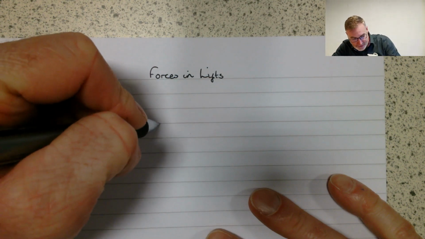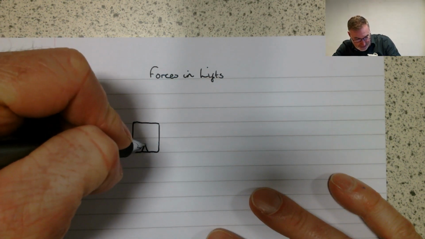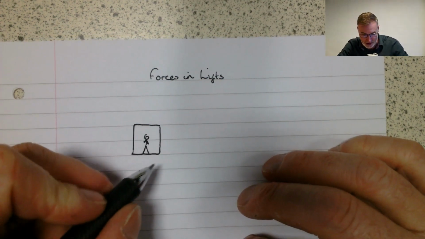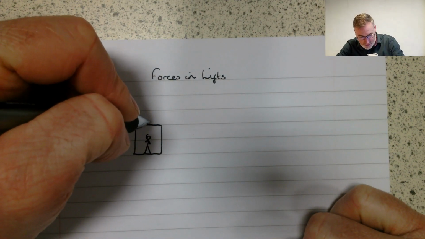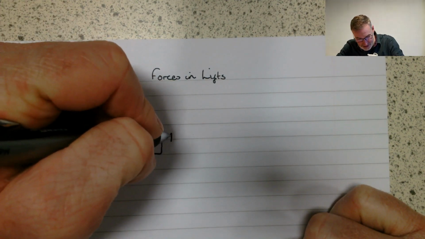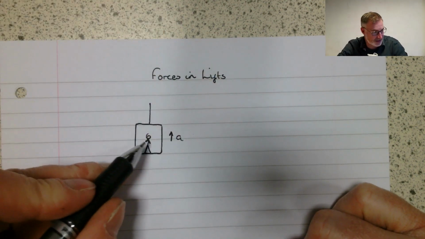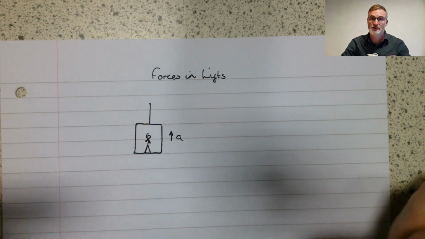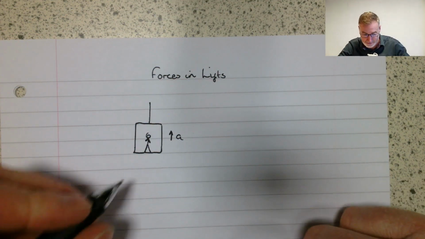Imagine that you're standing inside a lift, and the lift is going up. As the lift first starts to go up, it initially accelerates upwards, and when you push the button in the lift and start to move up, you feel a bit heavier, you feel funny, heavier than you normally are.